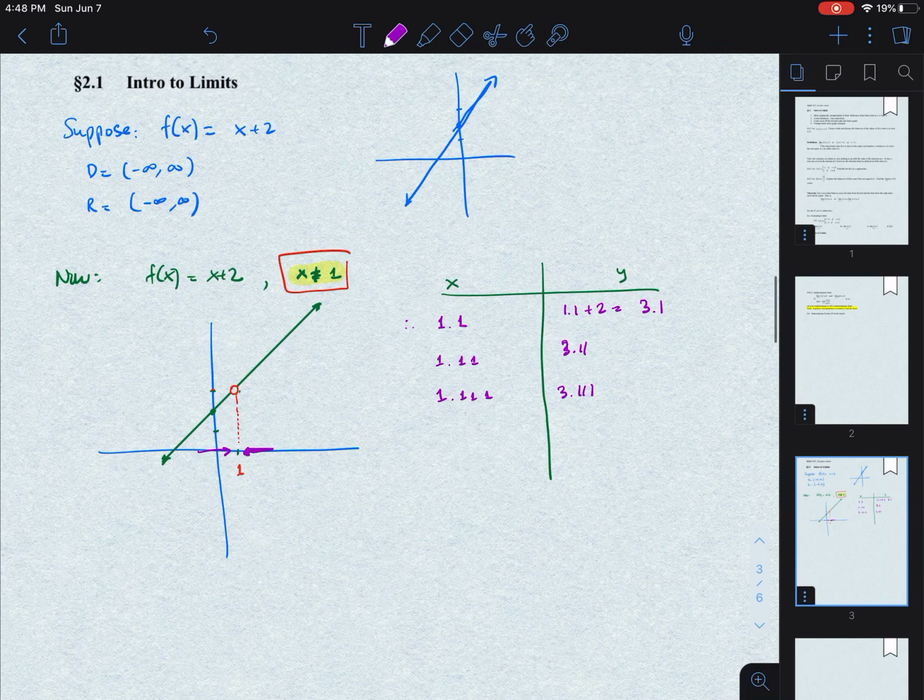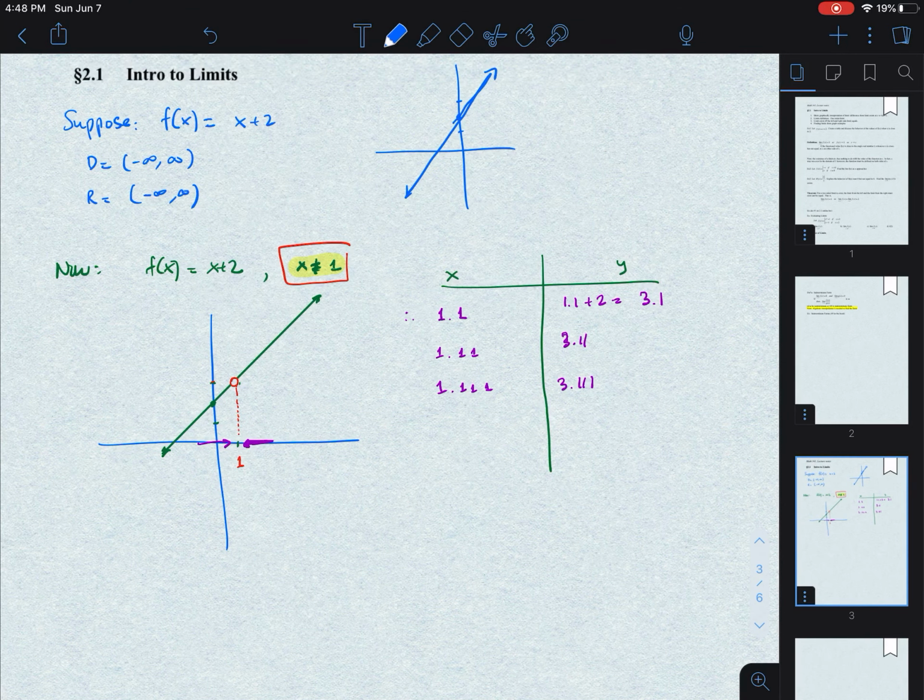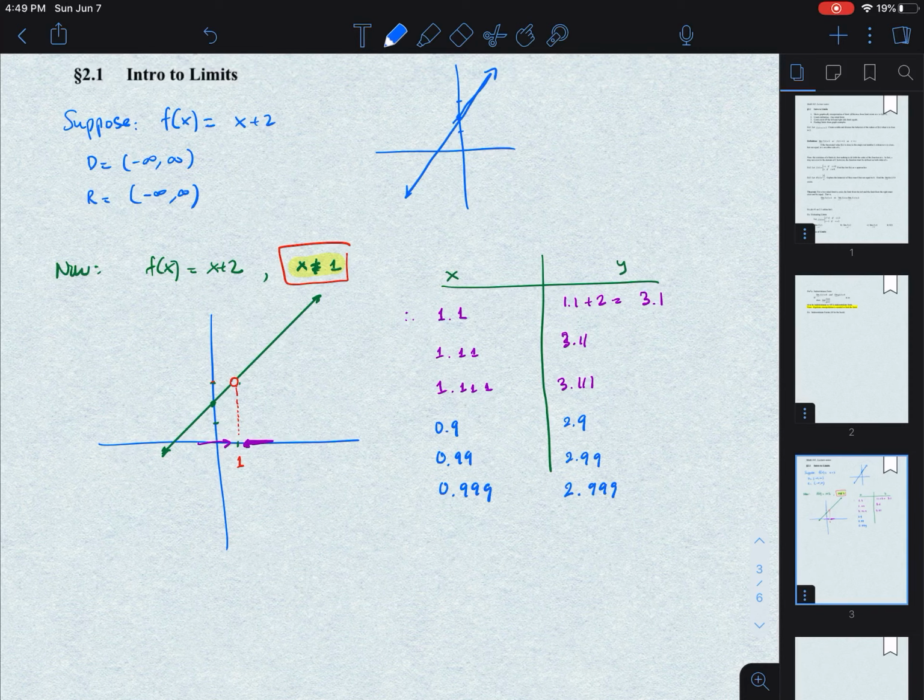3.111. Now let's look at values of x to the left of 1 that are getting closer to 1. So maybe 0.9, 0.99, 0.999. The y values corresponding to that are 2.9, 2.99, 2.999. So what's happening here?